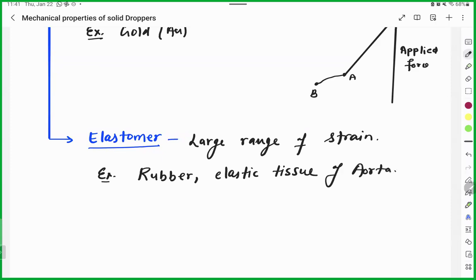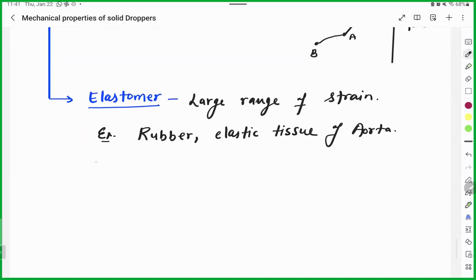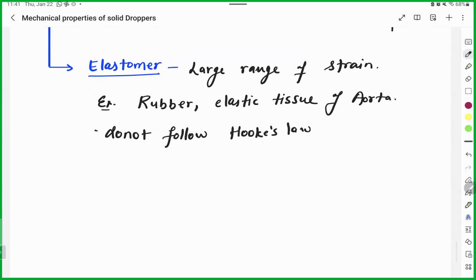So these elastomers do not follow Hooke's law. And in this case, if you draw the graph, this is strain, this is stress, and it's like this. There is no relation with Hooke's law.